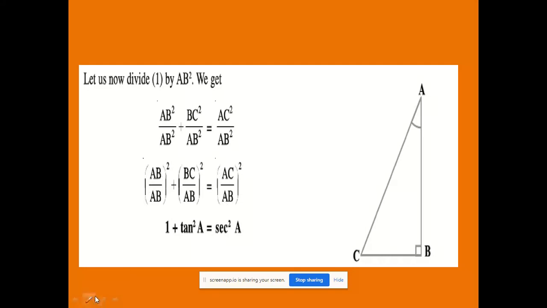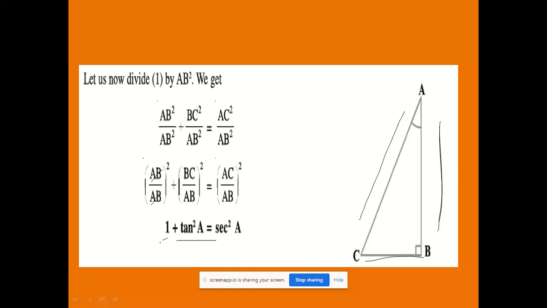Now, here AB gets cancelled, that is 1 square means 1. And BC by AB, here BC is the opposite side and AB is the adjacent side, and opposite by adjacent is nothing but tan, so tan square A. And AC by AB, AC is hypotenuse and AB is adjacent side, so it is nothing but secant.